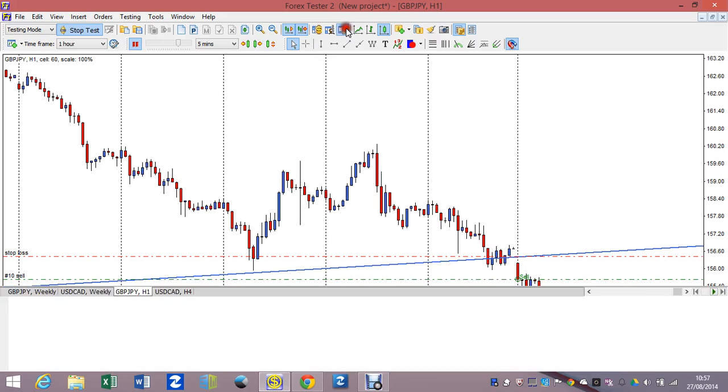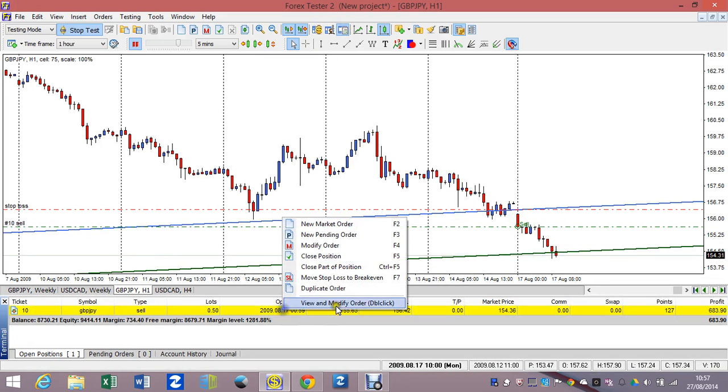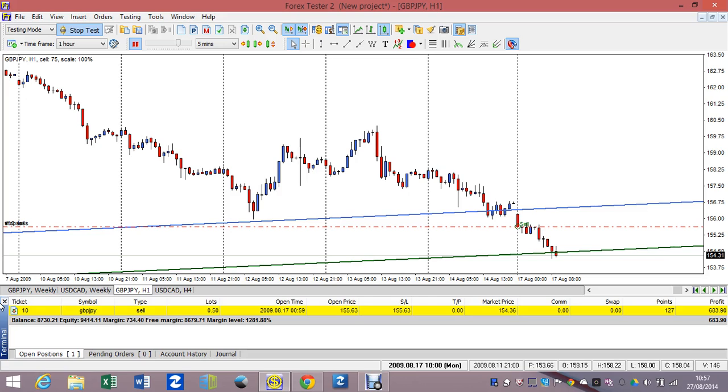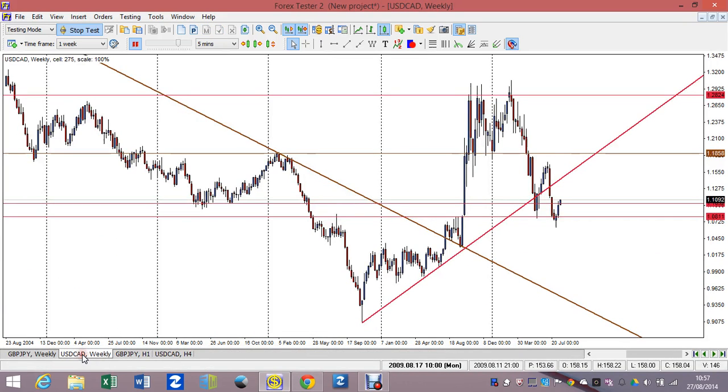Break even time, I think. Looks as if I missed that pin bar on the weekly chart.